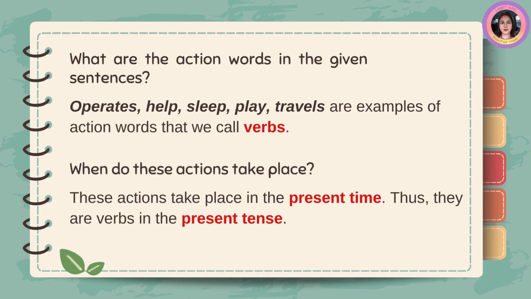What are the action words in the given sentences? Operates, help, sleep, play, travels are examples of action words that we call verbs. When do these actions take place? These actions take place in the present time. Thus, they are verbs in the present tense.